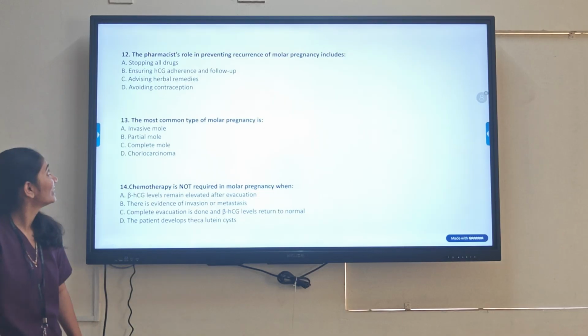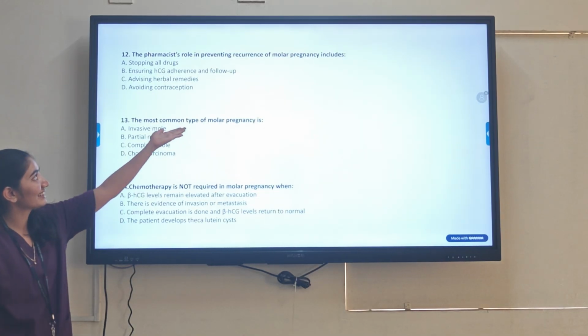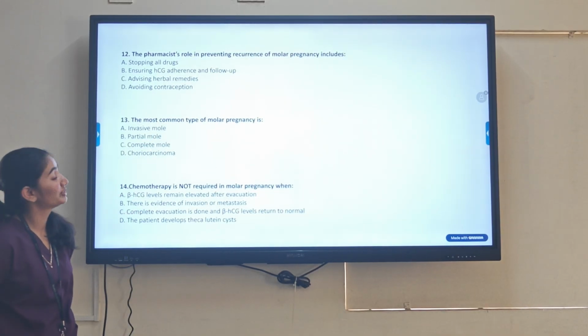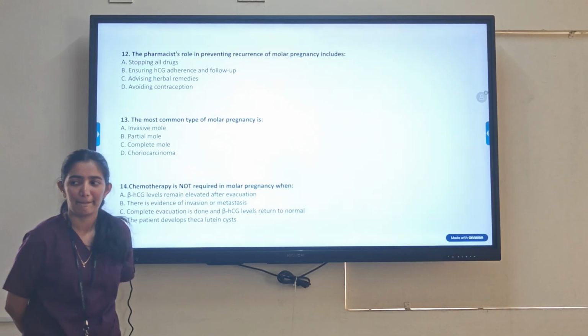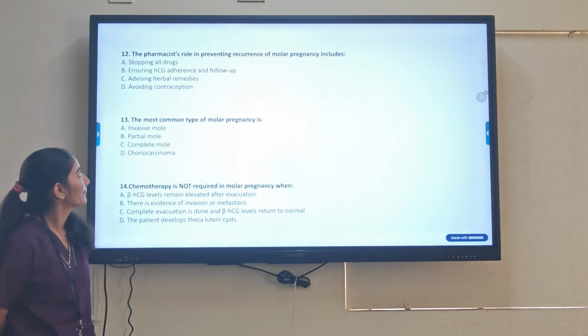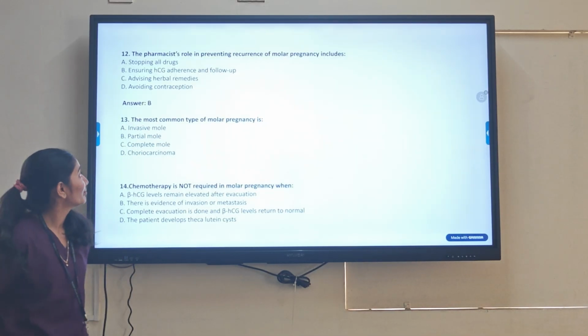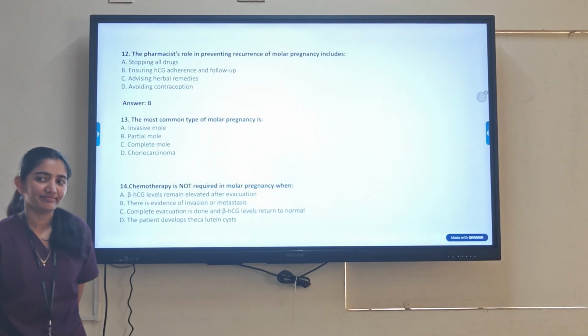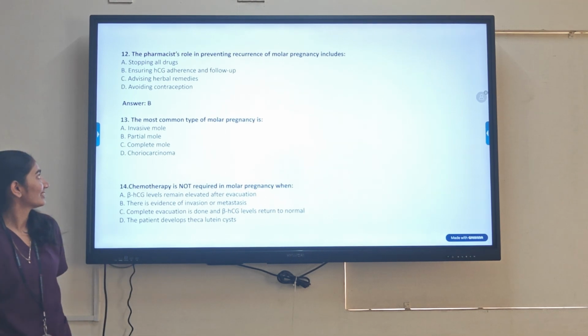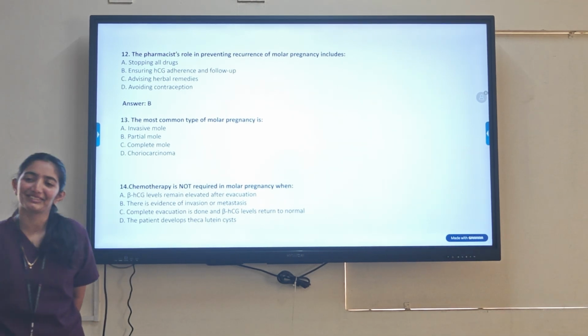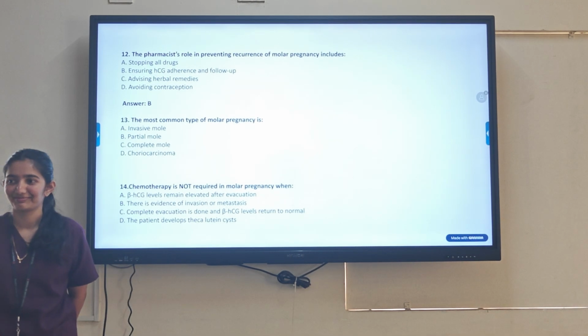Good. The pharmacist's role in preventing recurrence of molar pregnancy includes... The most common type of molar pregnancy.